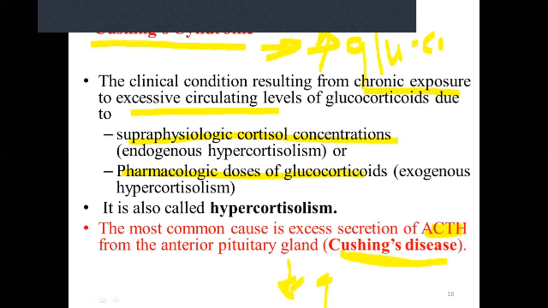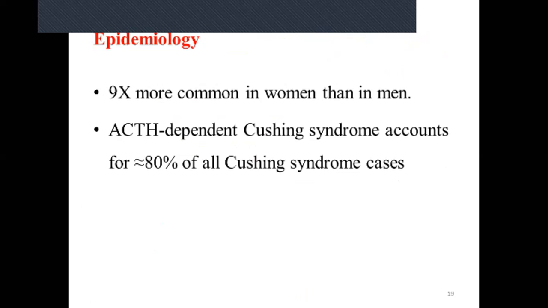But when you say Cushing syndrome, it can be due to either Cushing disease or pharmacological therapy. Any increased level of glucocorticoid, due to pharmacology or endogenous, we call Cushing syndrome. But the disease is when it is caused by an adenoma in the pituitary that produces ACTH and ultimately increases cortisol level. So you have to know the difference between the two.